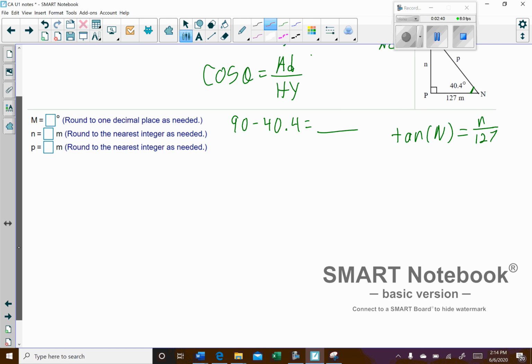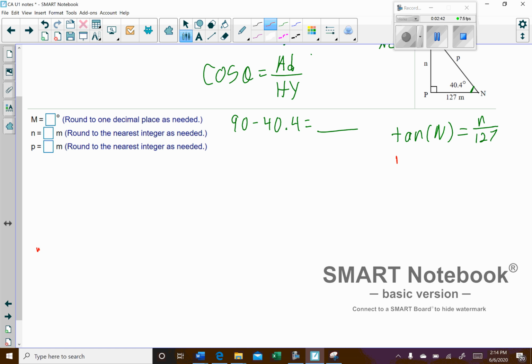So tangent of 40.4 equals N over 127. I would multiply both sides by 127 to cancel that out, so I'd end up with N is 127 times tangent of 40.4. You want to make sure that when you put this in your calculator, you put it in degrees.